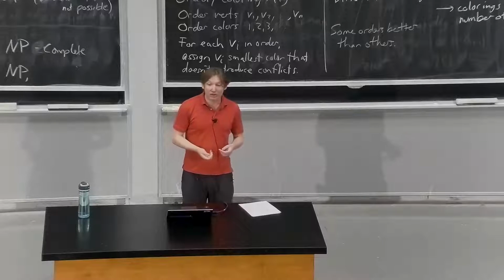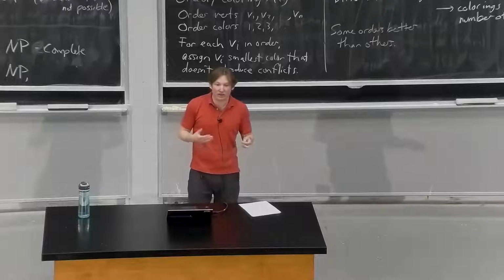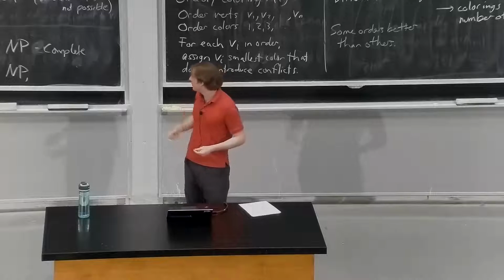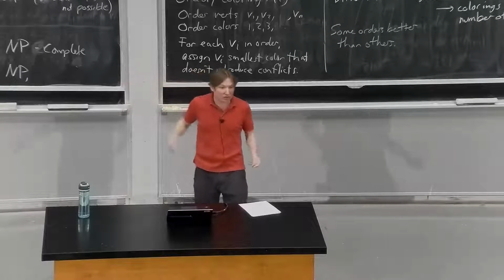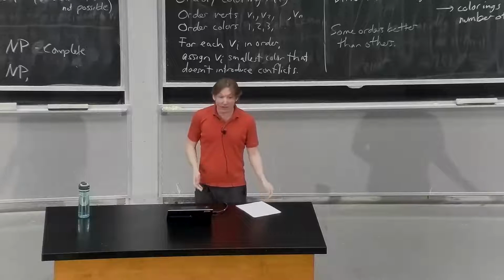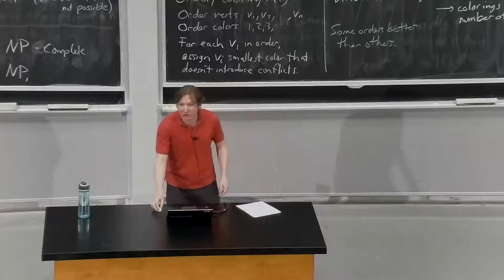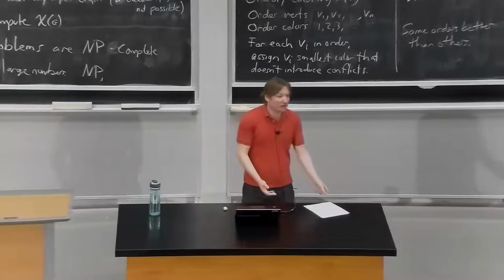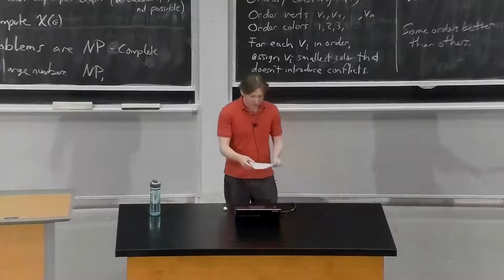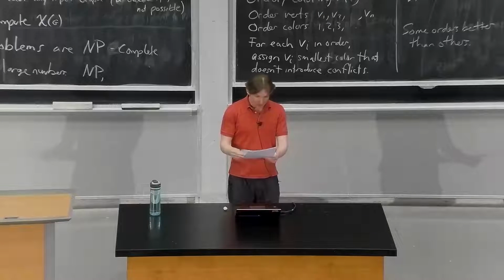But n factorial is a runtime that is not considered efficient for things like NP and NP hardness. So that is absolutely an algorithm to compute chromatic number, just not an efficient one. Yeah, great question.